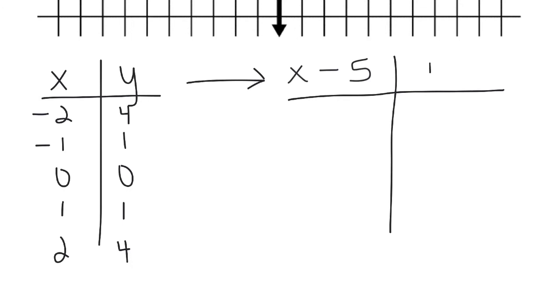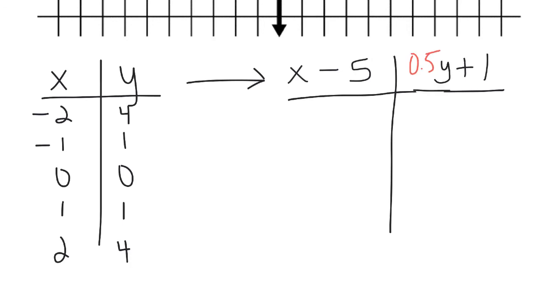Now with my y values, let's start with the k value. The k value was a positive 1, so we're going to add a 1 to all of our y values. In terms of the a value, our a value was 0.5, so we're going to put that in front of the y. So that means that all of my y values need to get multiplied by 0.5 first.